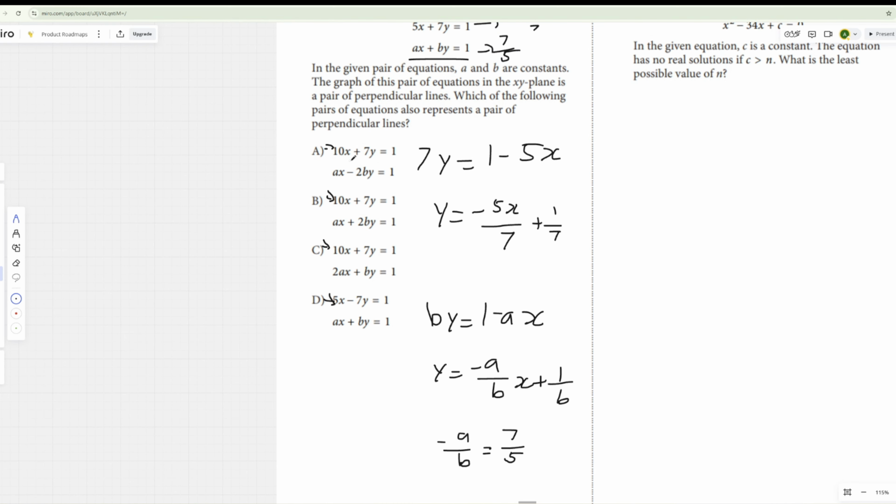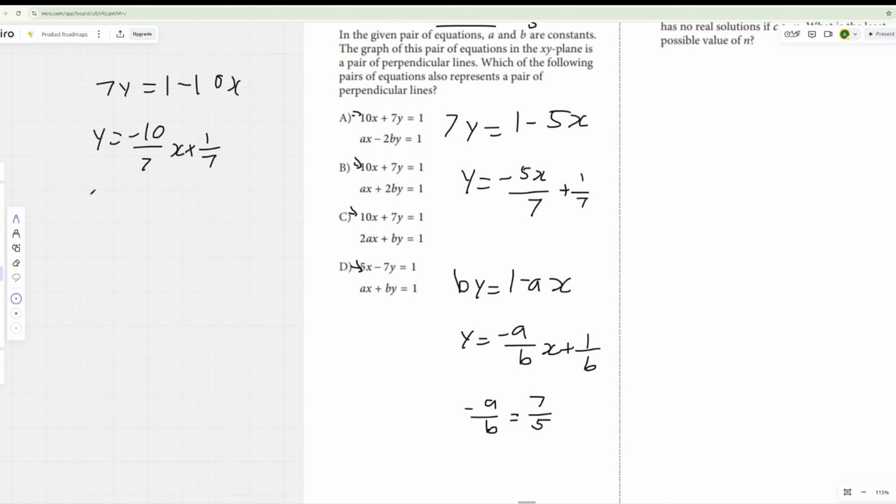We can start looking into these. So let's start with a. 10x plus 7y. Just do this really quickly. I know you guys know how to do this. So a doesn't work out, so we can cross out a. Let's try b next.